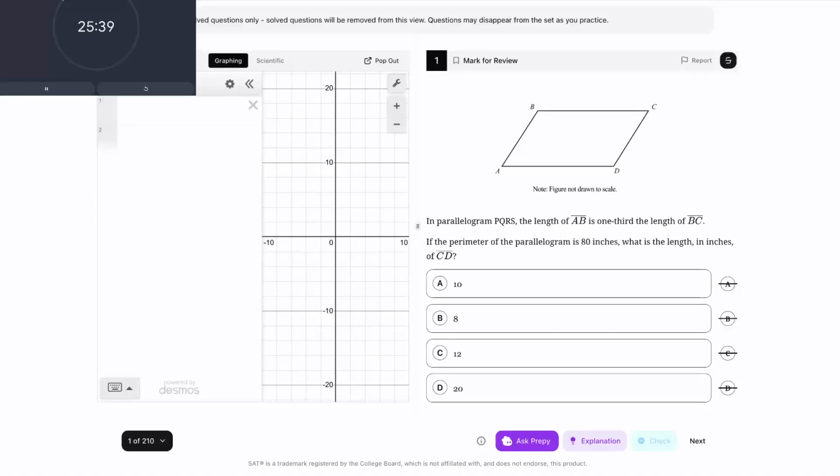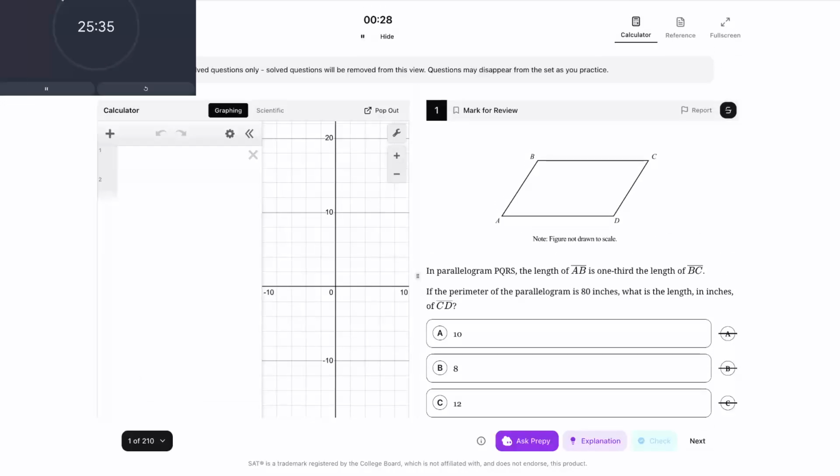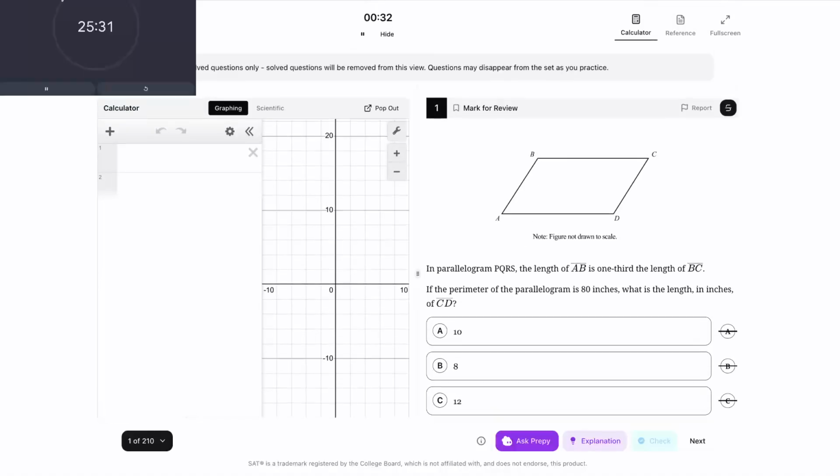I will probably sketch it down, but I don't have a pencil to show you guys right now. I do have my iPad, but I'm too lazy to do that right now. For a geometry question, I think I should probably use the iPad and write it by hand and show you guys. If the perimeter of the parallelogram is 80, what's the length of CD?